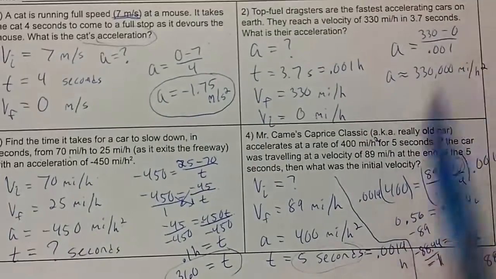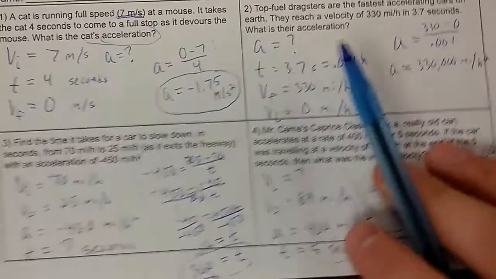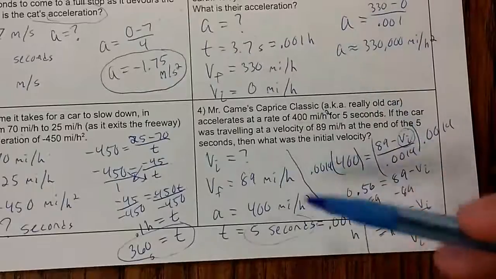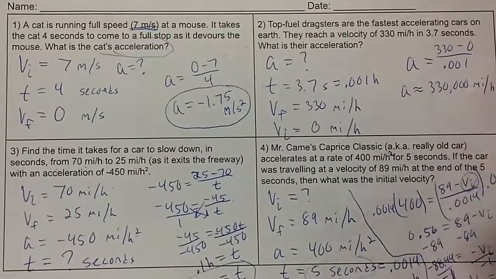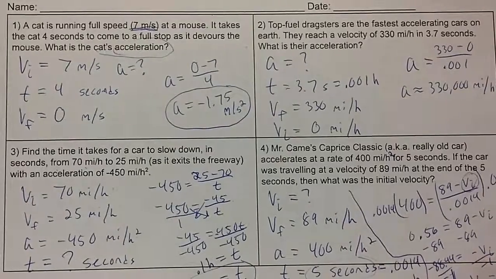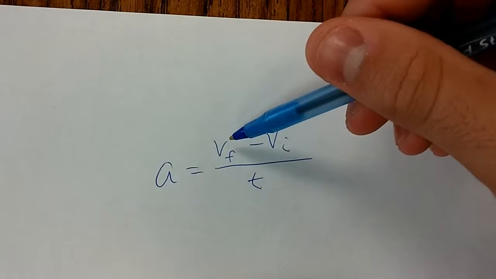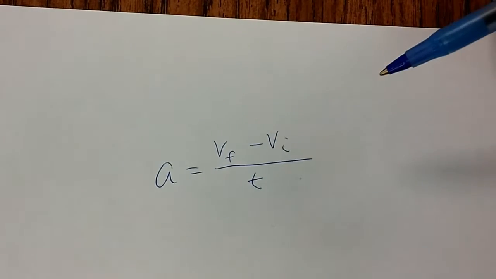Number 2, we did have to convert from seconds to hours. Same with number 3 at the end, from hours to seconds, and then number 4 as well, from seconds to hours. Please be sure that you're looking at your units and making sure you convert them before you start. Once again, this is your equation. Velocity final minus velocity initial divided by time will be your average acceleration.